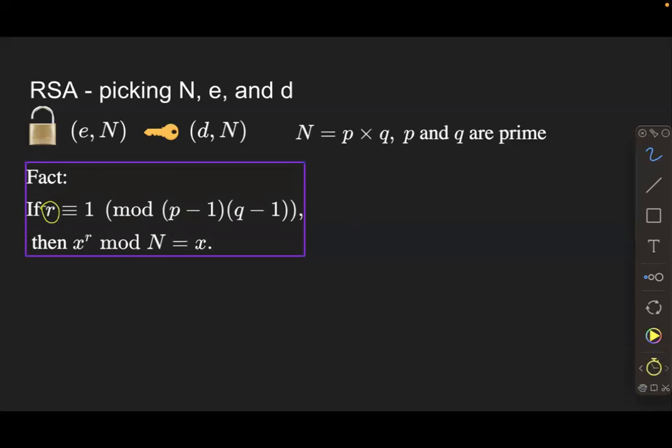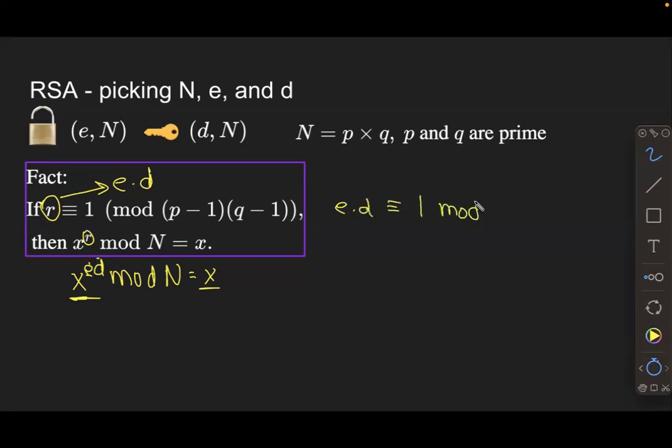If we make R equal to E times D, then X to the E times D, mod N, would give me X. That's exactly what we were talking about: if I take it to the power of E and then to the power of D, I get the original message back. We want to use that property, so basically we want E times D to be equivalent to 1 mod (P minus 1) times (Q minus 1).